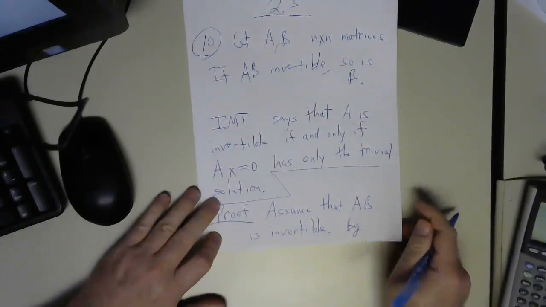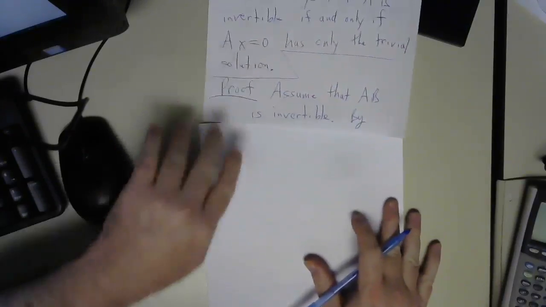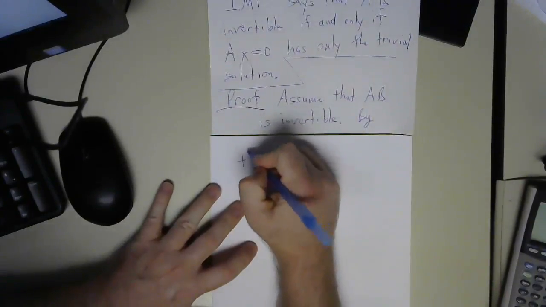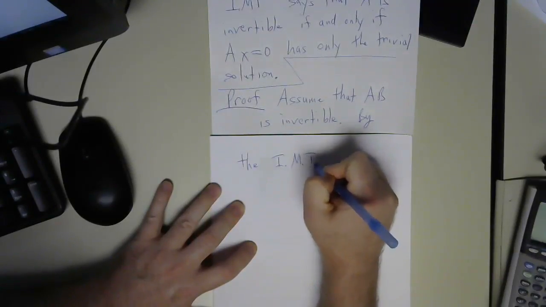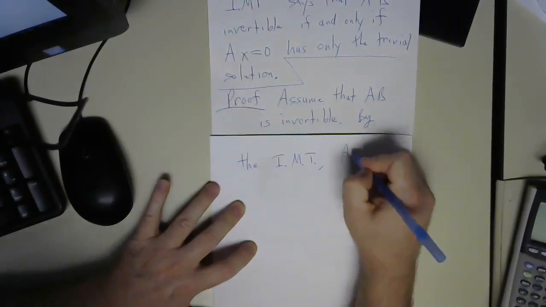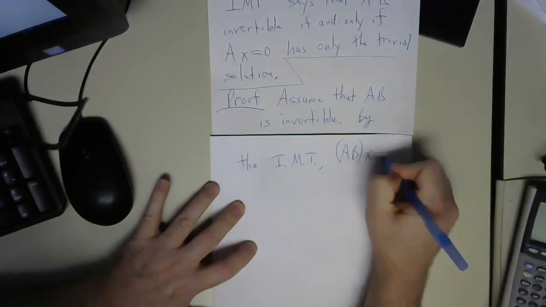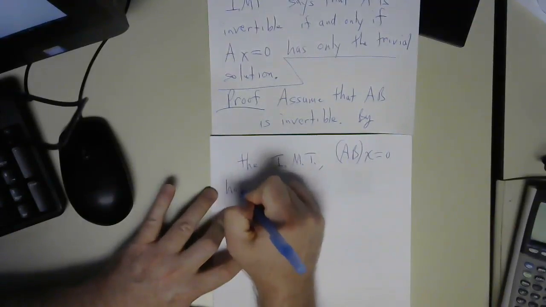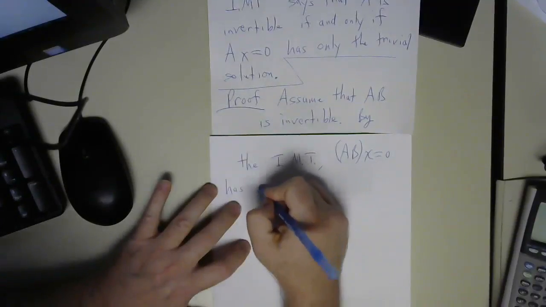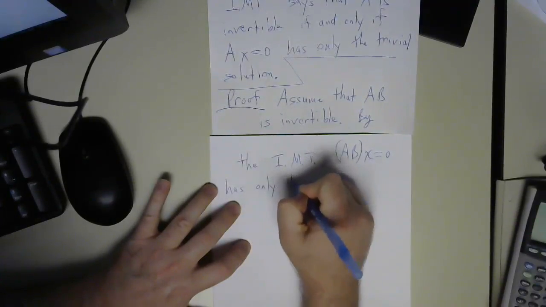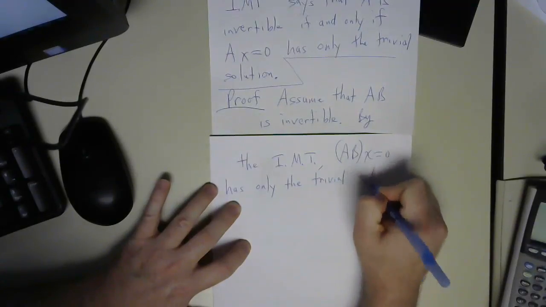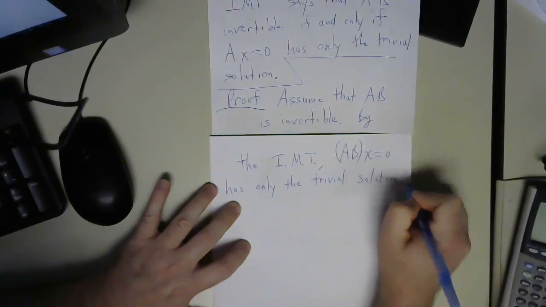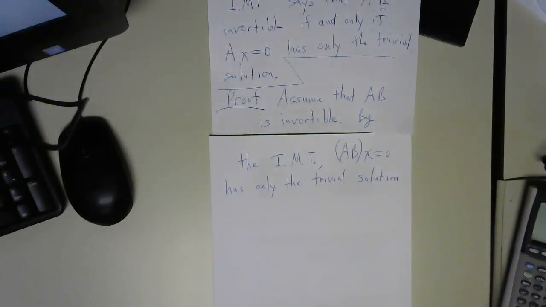We know by the theorem I just quoted the matrix equation of AB times x equals 0 has only the trivial solution.